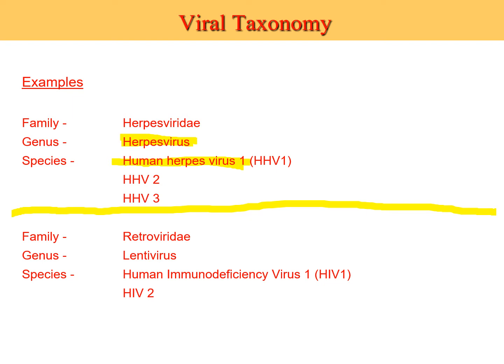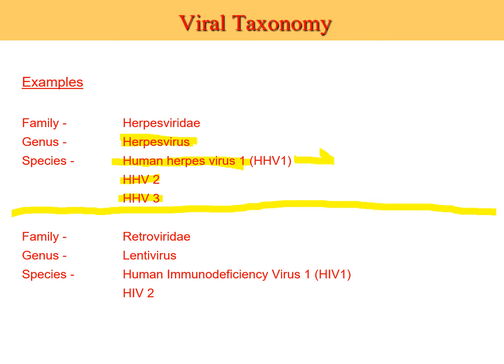It has several different member species, so there's human herpes virus 1, human herpes virus 2, human herpes virus 3. We'll go through these actually. HHV1 and HHV2 are the things that cause cold sores.